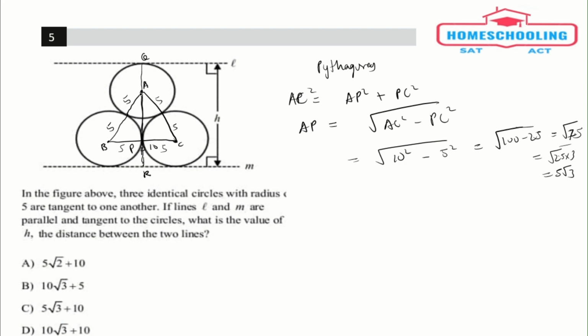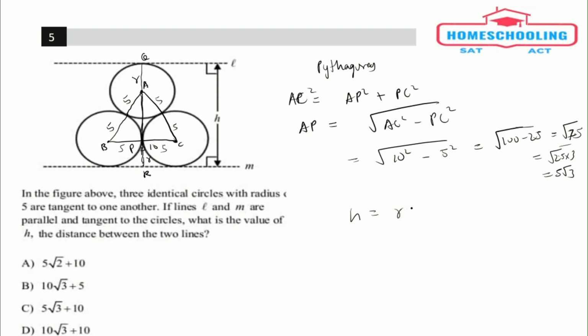So we have to find H. H can also be equal to QR. So this can be equal to the radius R, and this is AP, and PR is also equal to the radius, as we know.